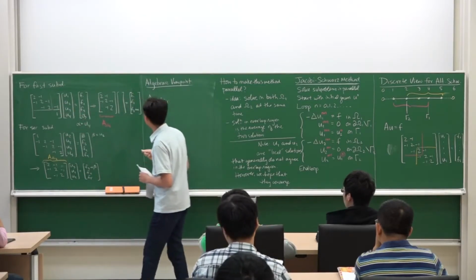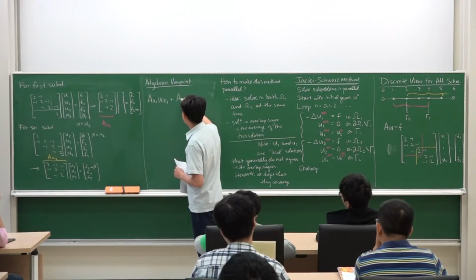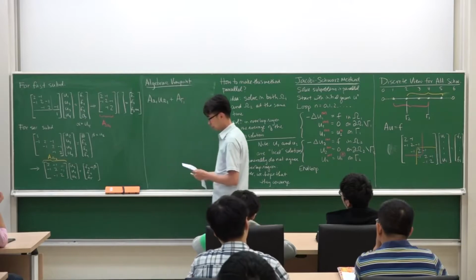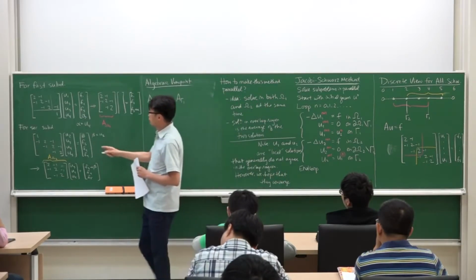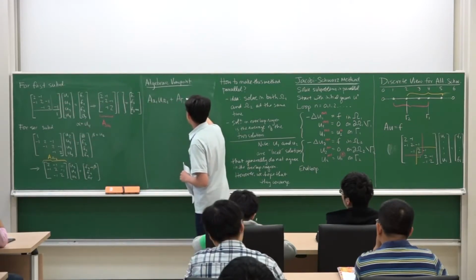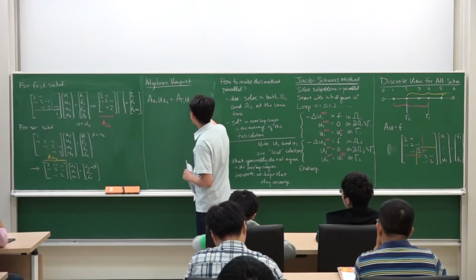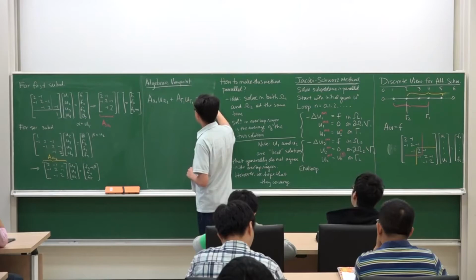That part of the matrix I'm going to call A gamma 1. So this part of the matrix A omega 1, that's A gamma 1. That will be multiplied by U gamma 1, and that's going to be equal to F omega 1.